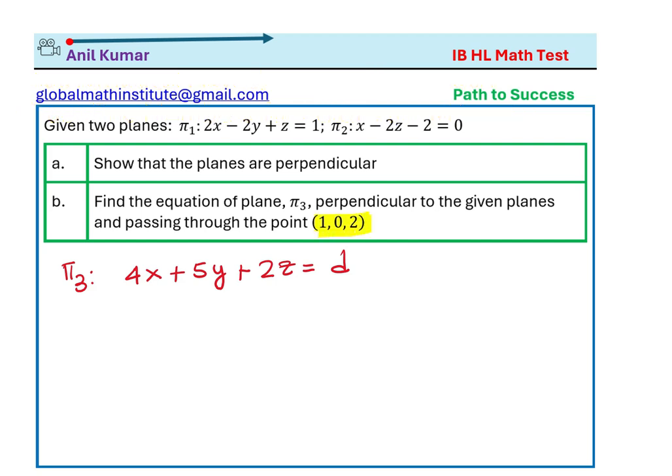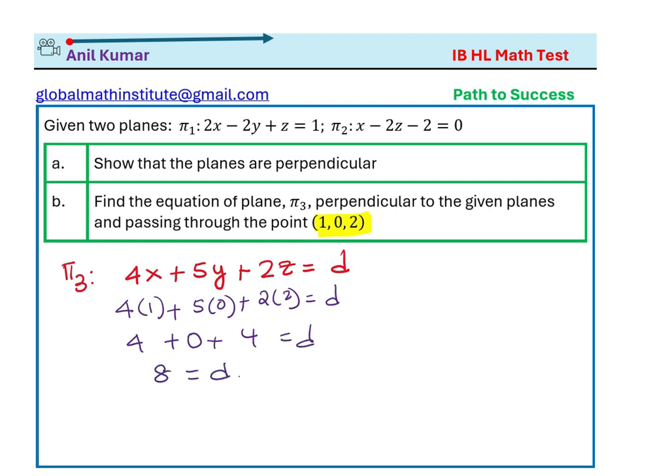So 4 times 1 plus 5 times 0 plus 2 times 2 is the value of d, which is 4 plus 0 plus 4. That gives you 8 as the value of d. And therefore, we have the equation of the plane, which is 4x plus 5y plus 2z equals 8.